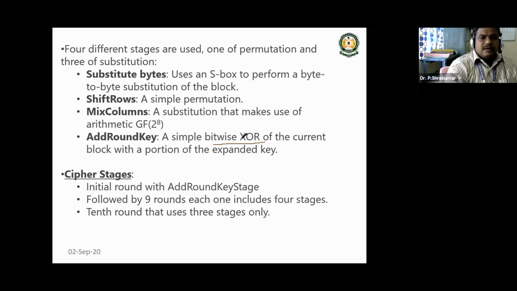Both are XORed, that means the bitwise XOR is performed. This operation is called add round key. So as per AES, in each and every single round we perform the 4 operations.